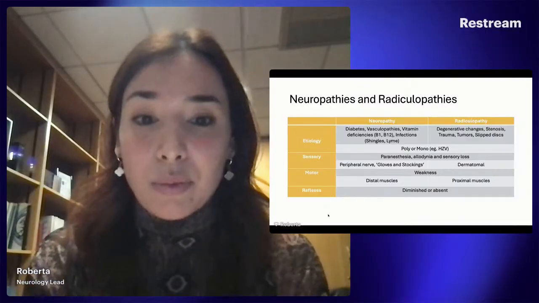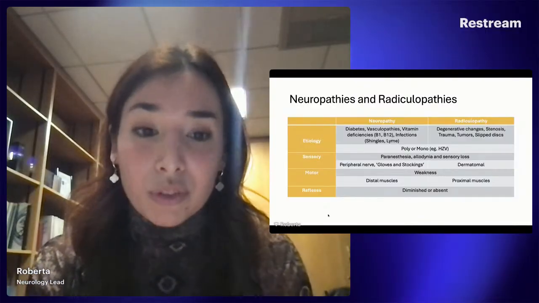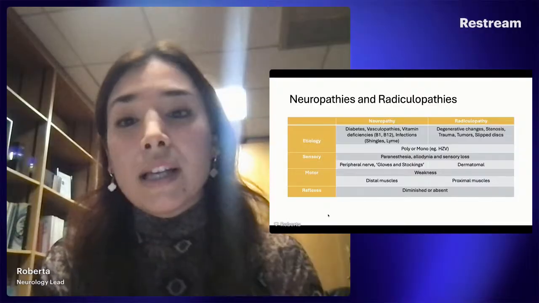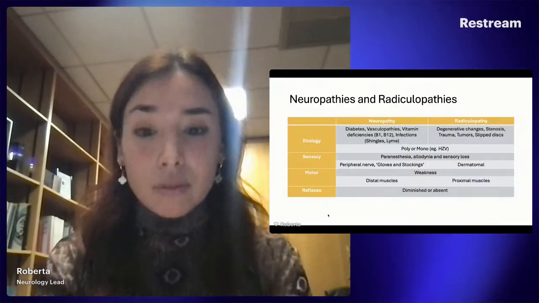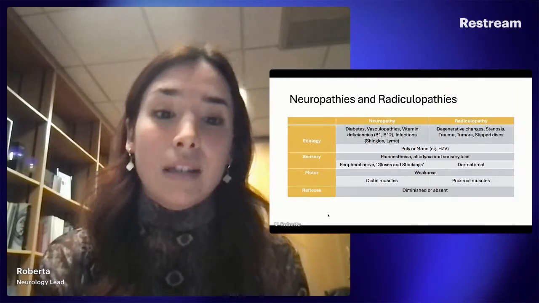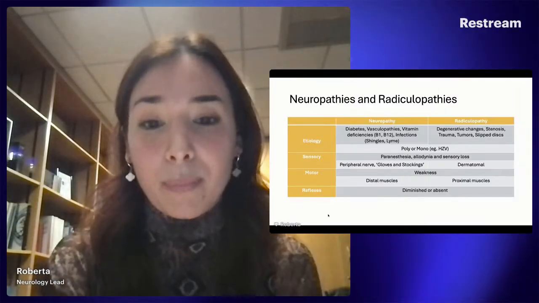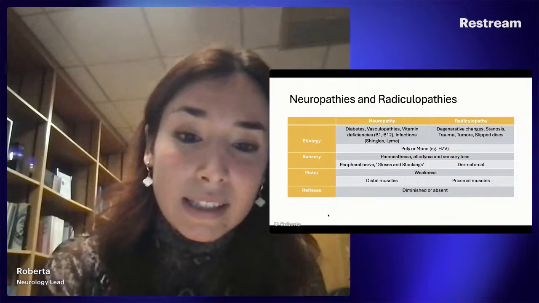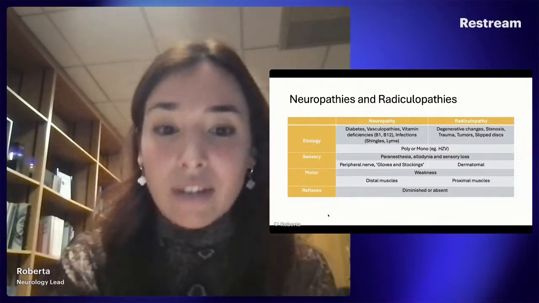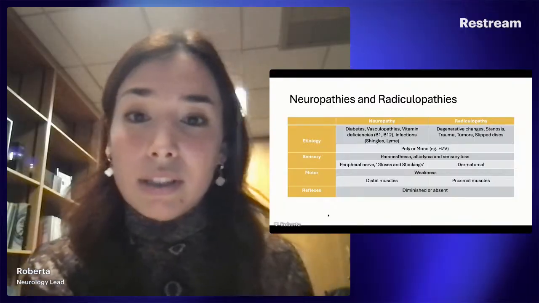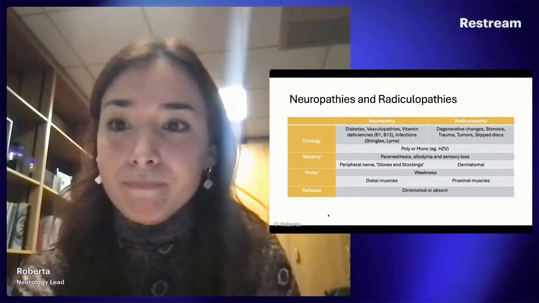If it does present with some weakness or with some motor deficits, we tend to see, although this is not a fixed rule, that neuropathies tend to affect the distal muscles more and radiculopathies tend to affect the proximal muscles more. In terms of reflexes, it goes without saying, we'll probably have diminished or even absent reflexes, again, depending on the extent of the disease.